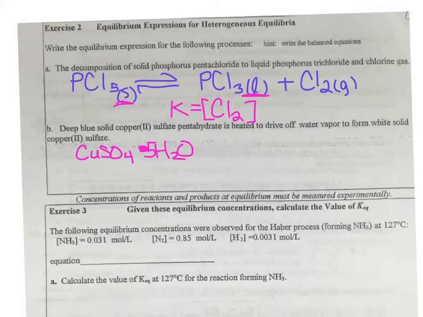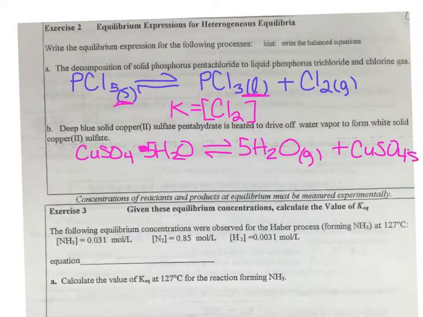We're going to put it into some heat to drive off some water. Just put your equilibrium arrows. And so we're going to form some water vapor, right? Might be floating in the air, but it's water vapor. And then solid copper(II) sulfate. And then obviously you guys know from your lab, what was the beginning step?